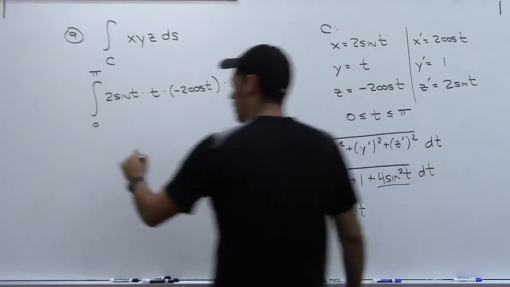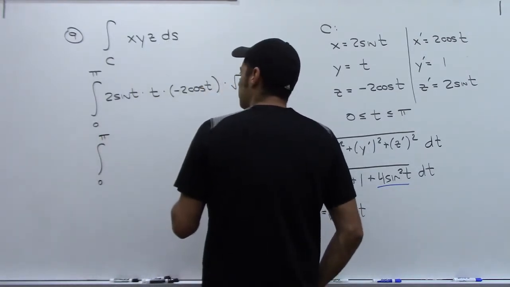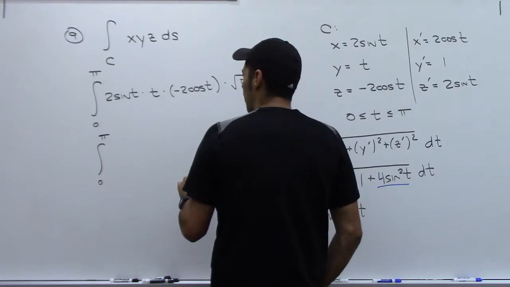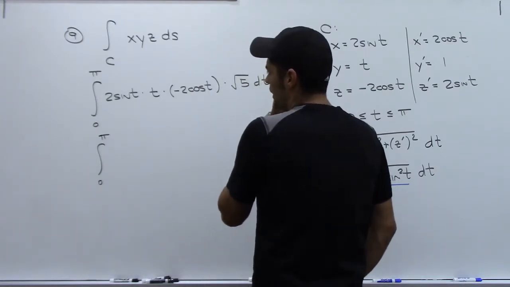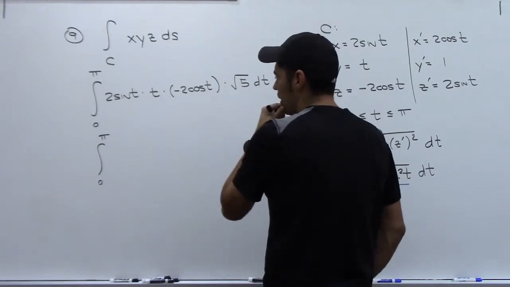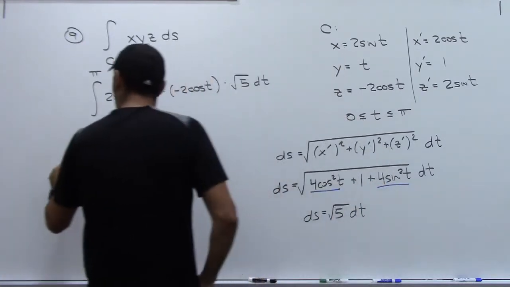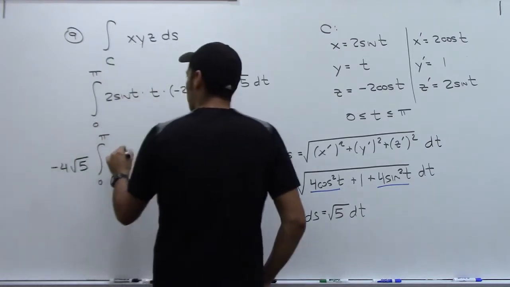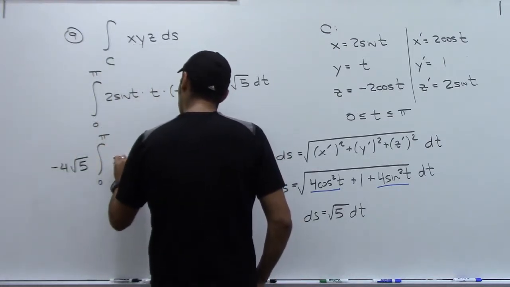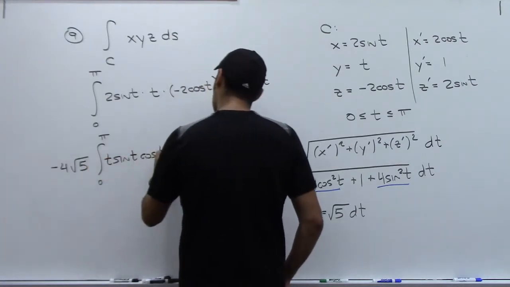All right, integral 0 to pi. I wonder if I should pull the negative 2 and the 2 out, make it a negative 4 or not. Pull the root 5 out. Let's just pull all the constants out. Negative 4 root 5. And what we're left with is sine t, cosine t, and then a t in front of all that, like that.